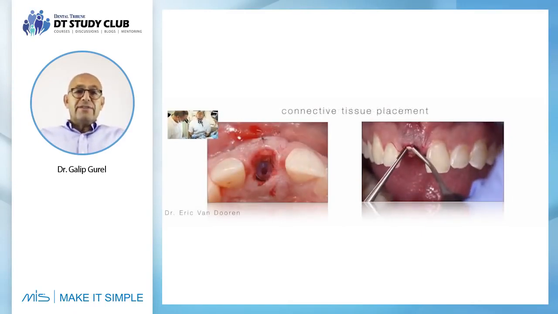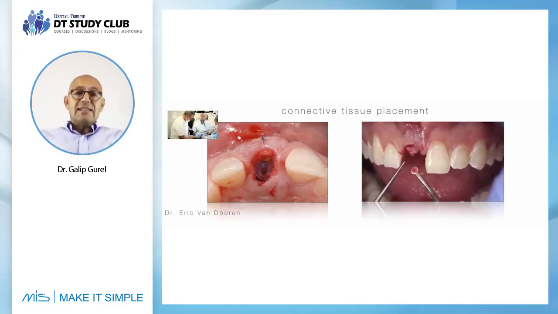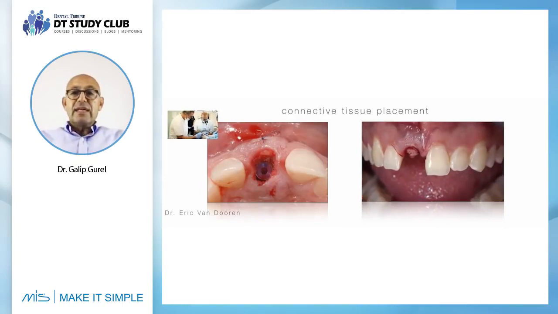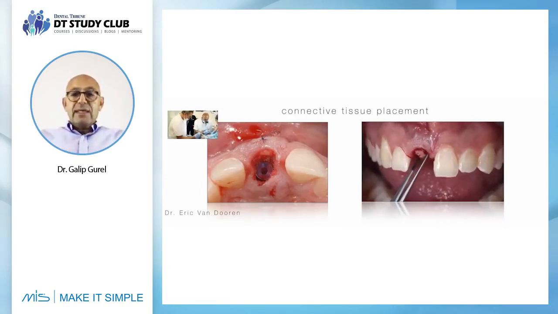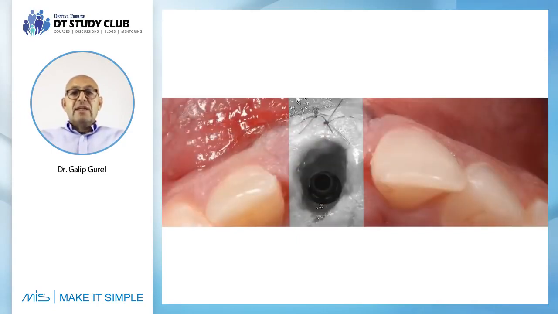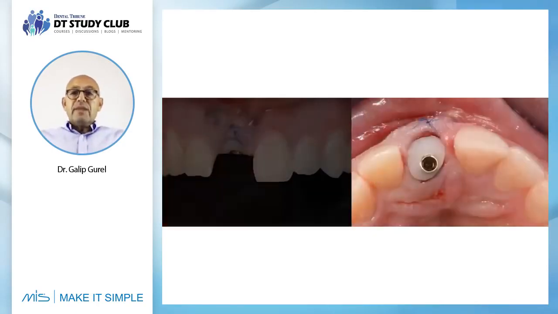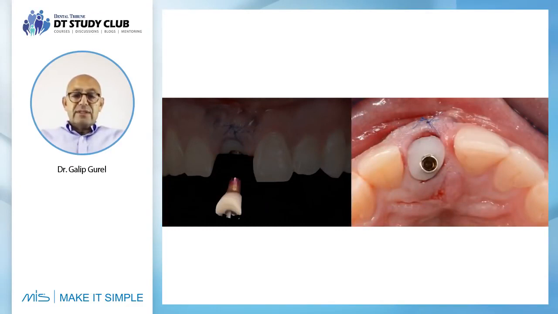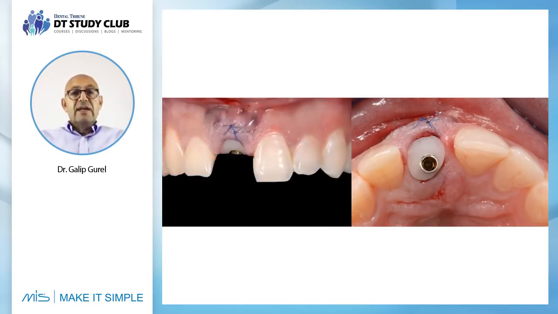So Eric, after he placed the implant, as I'm making the abutment in the laboratory next door, Eric is placing the bone grafts and soft tissue grafts into the socket. So this is the socket with this small piece, the customized abutment we created, which is immediately placed into the socket.